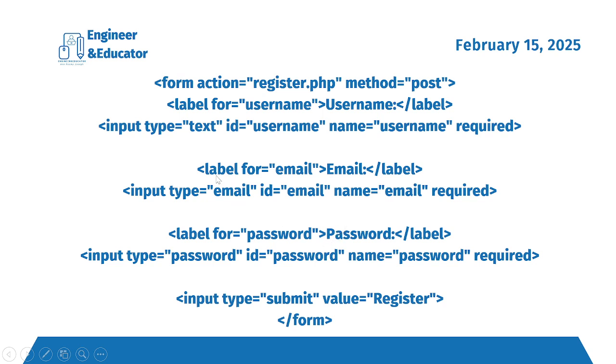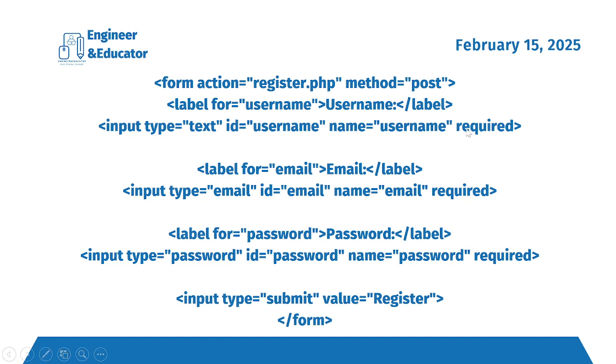Similarly, a label for email is given, then the input type, and here the type has changed from text to email. Then ID is equal to email, name is equal to email, required. The label for password, input type I have to give as password. Then ID and name, I'm giving the same, password. Required.